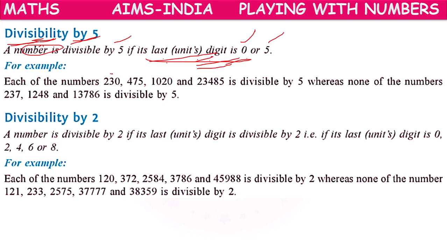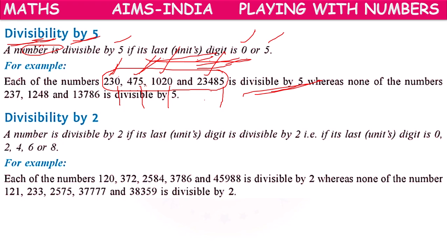If you take numbers like 230, 475, 1020, 23,485, the unit digit is 0, 5, 0, 5. So these four numbers, without actual division, we can tell they are divisible by 5.